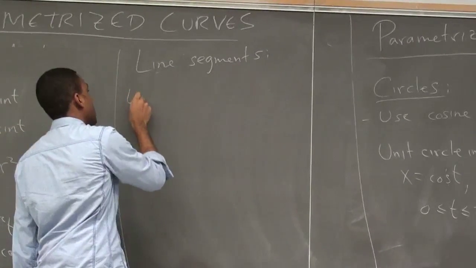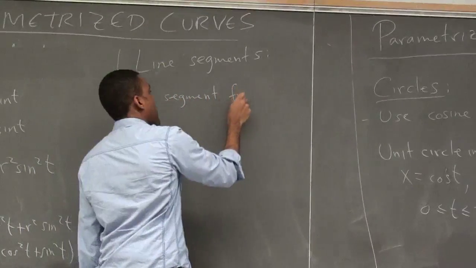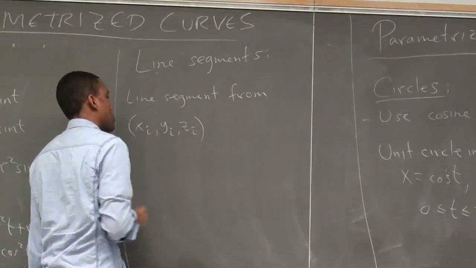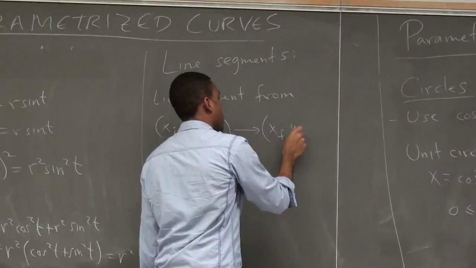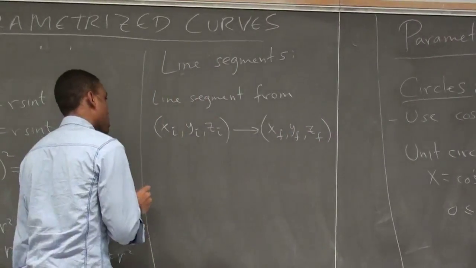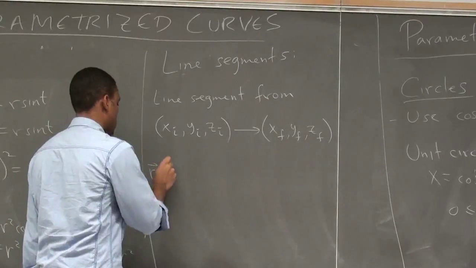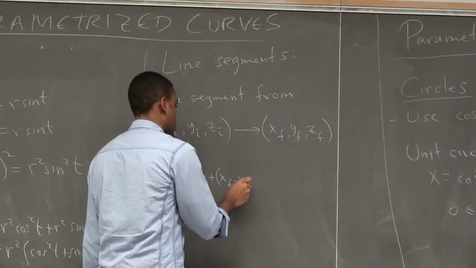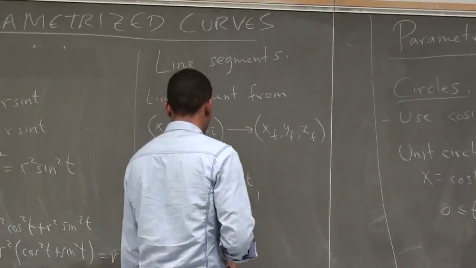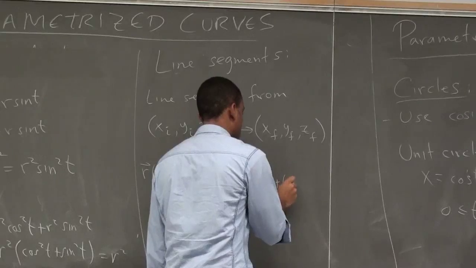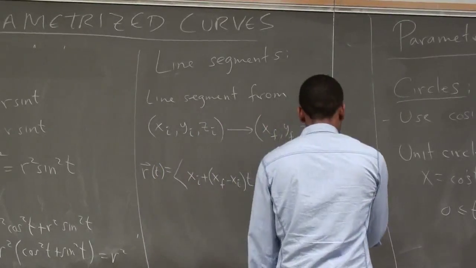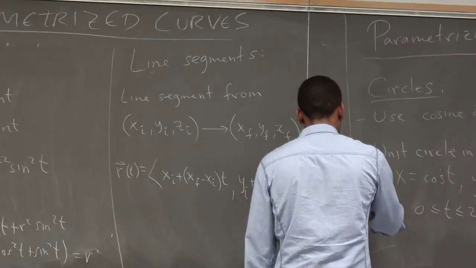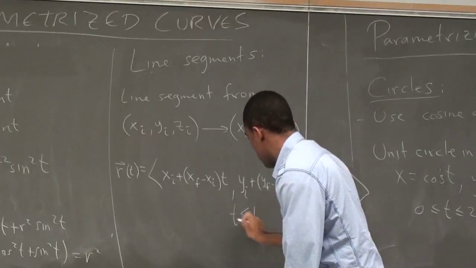Okay, so if we want a line segment from X initial, Y initial, Z initial to X final, Y final, Z final, this is given by the following. And this parameterization works for t goes from 0 to 1.